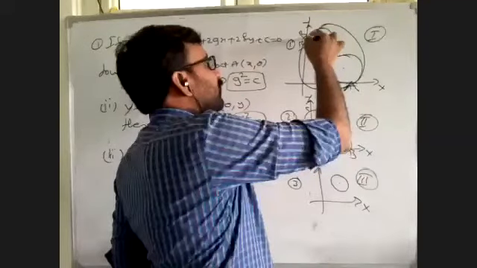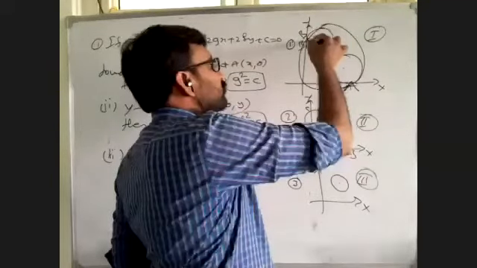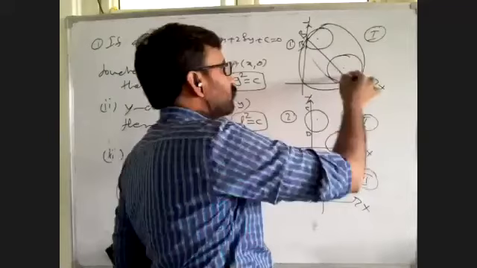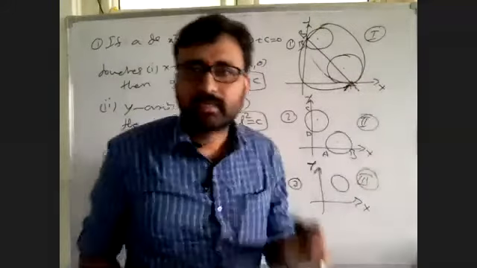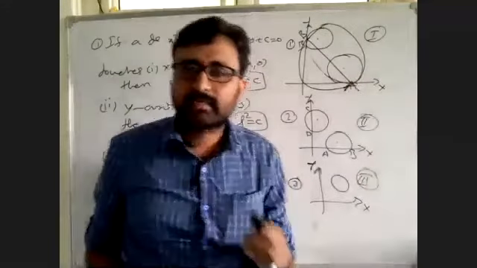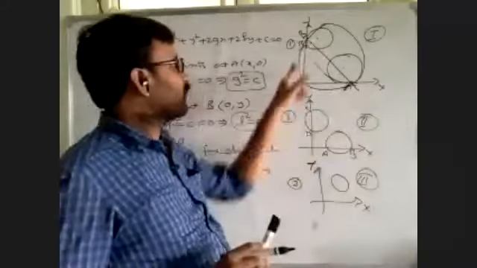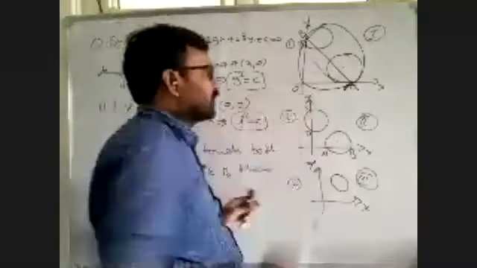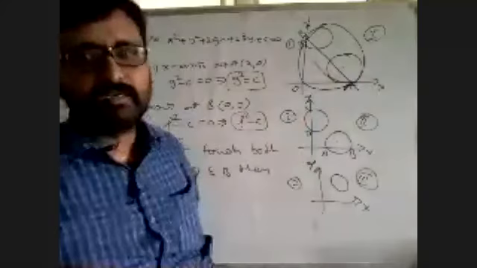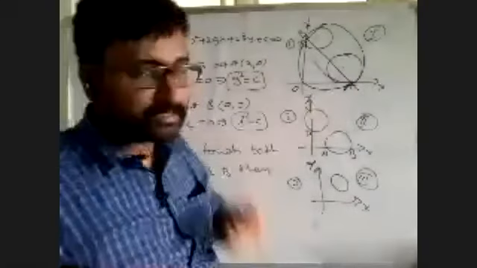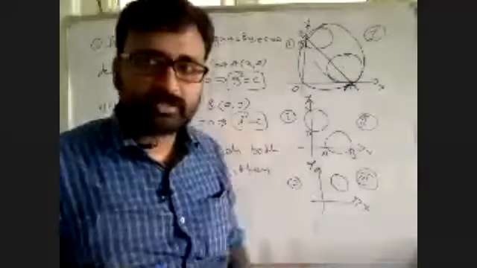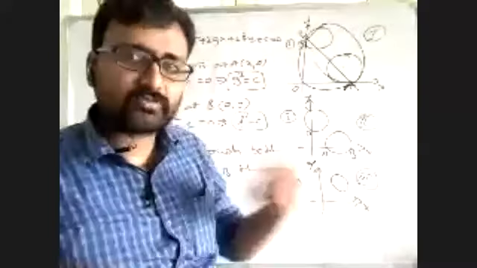If you join those two, that will give us a chord. That is the intercept form in straight line, which we already know. Now A, B, O is a triangle. Remember this. If a circle touches x-axis, touching means at one point only. Remember, intersect means at 2 points.